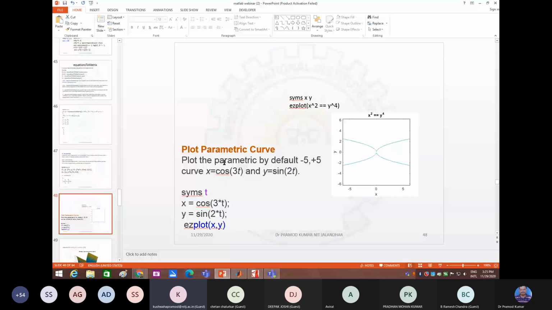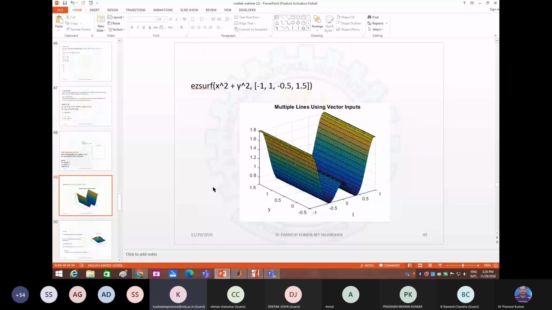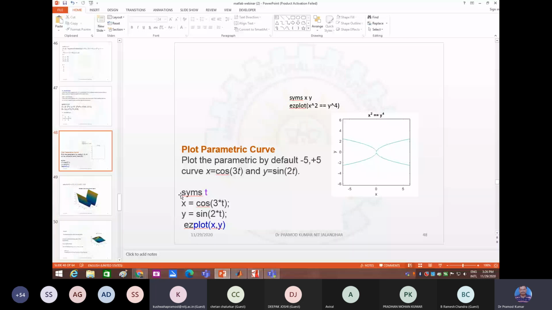And then we just have to define x = cos 3t and y = sin t, ezplot, and then we can see this. I think it is different. T is the variable here, which will correspond to your values.